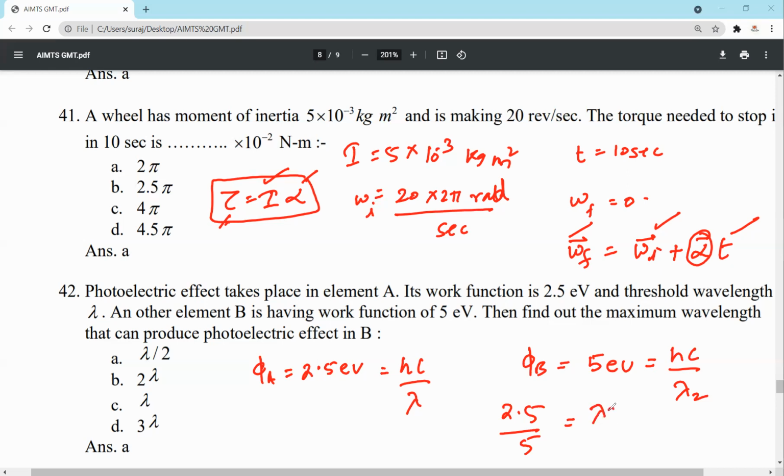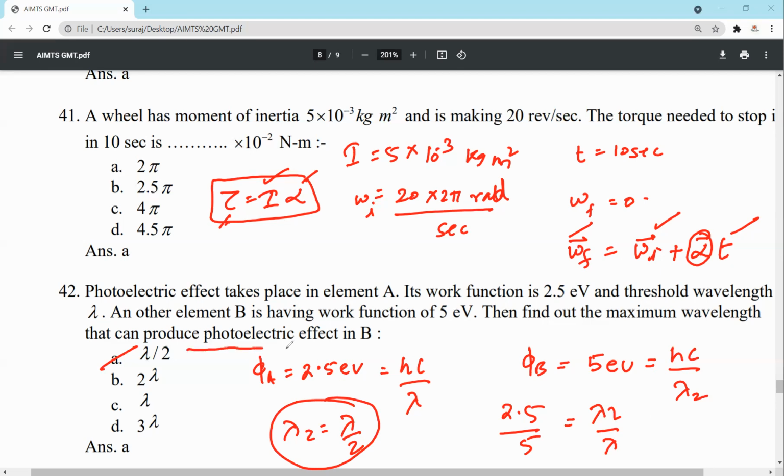This is lambda 2 by lambda. 2.5 by 5 is half, so lambda 2 is equal to lambda by 2. Option A.